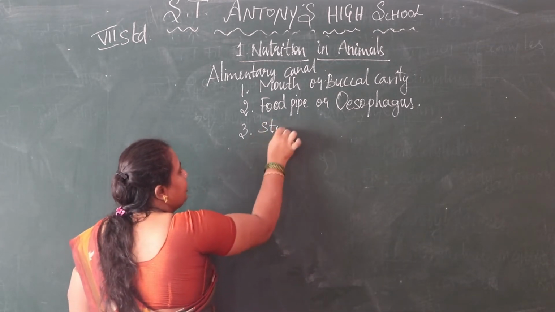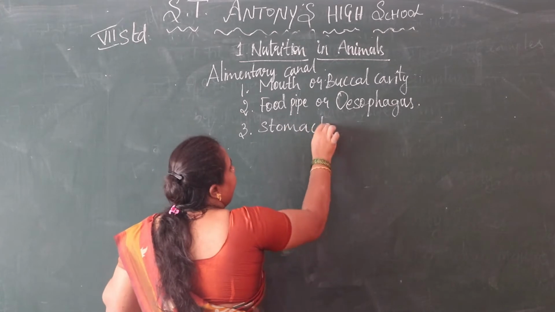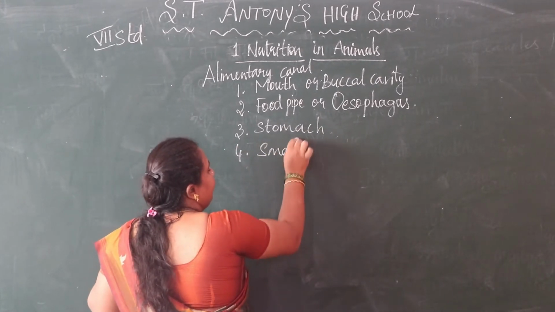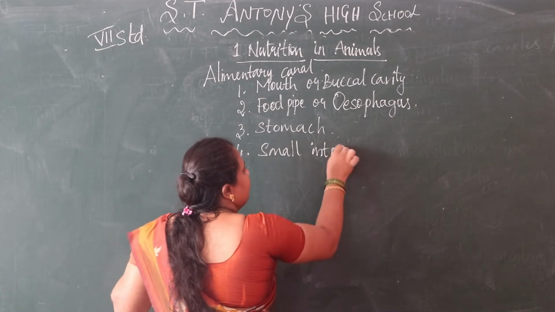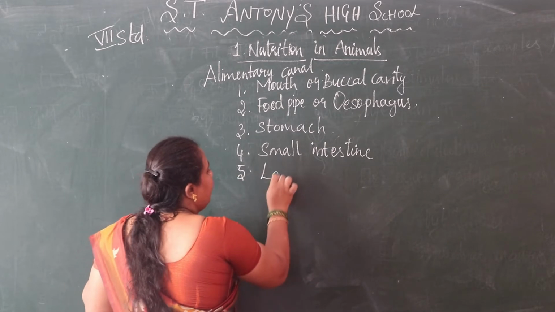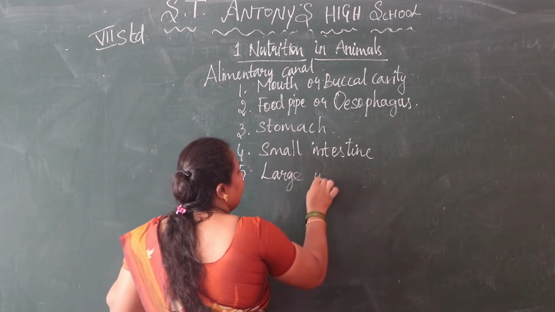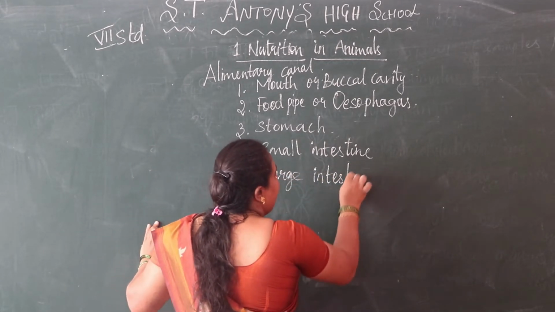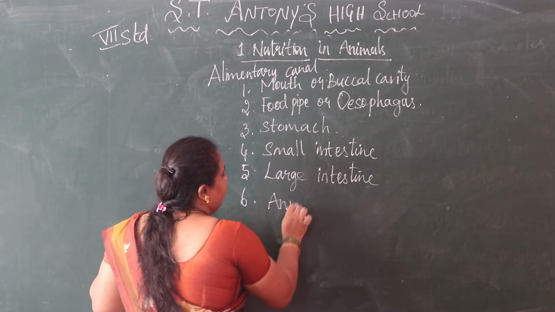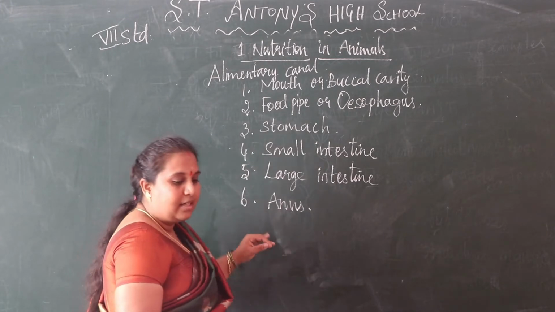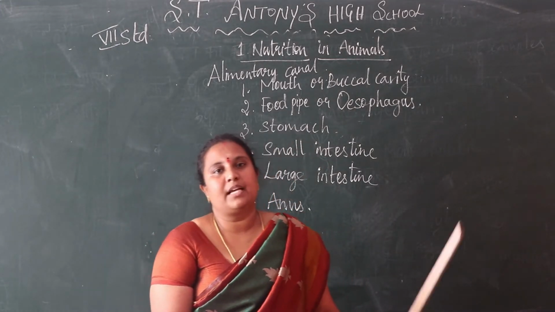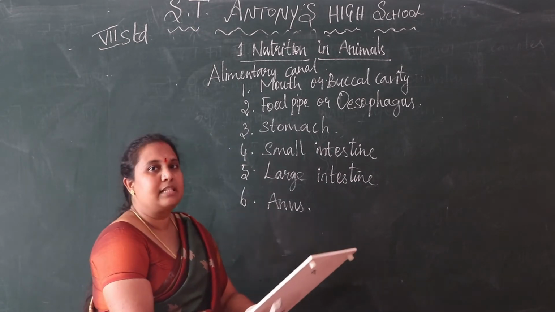Then the third one is stomach, the fourth one is small intestine, the fifth one is large intestine, and the sixth one is anus. The last one is anus. These are the parts of the alimentary canal in the human digestive system.